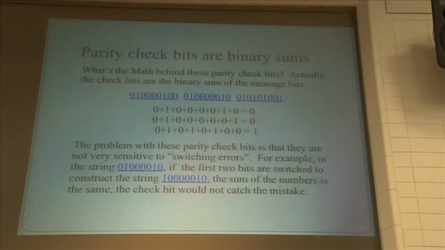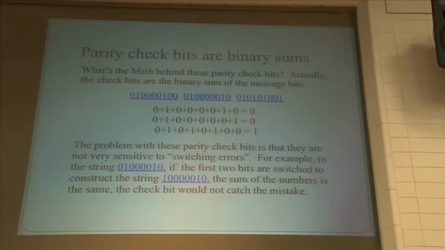Here's the other way of determining your check bits, or your check digit, when we're talking about parity. Remember, with 1s and 0s, binary code, we're working in base 2, right? Only 2 numbers, 1s and 0s, which means we are dividing our sums by 2, and we only look at the remainder.